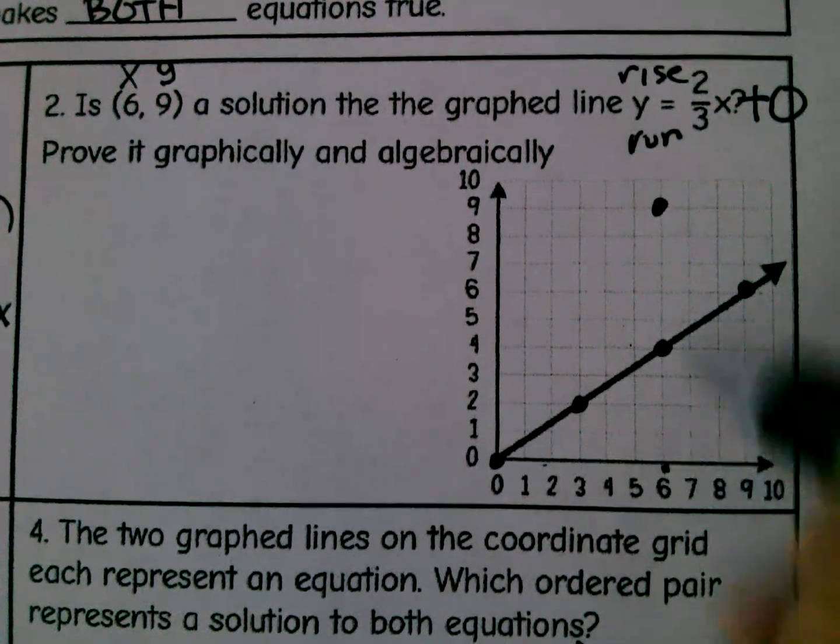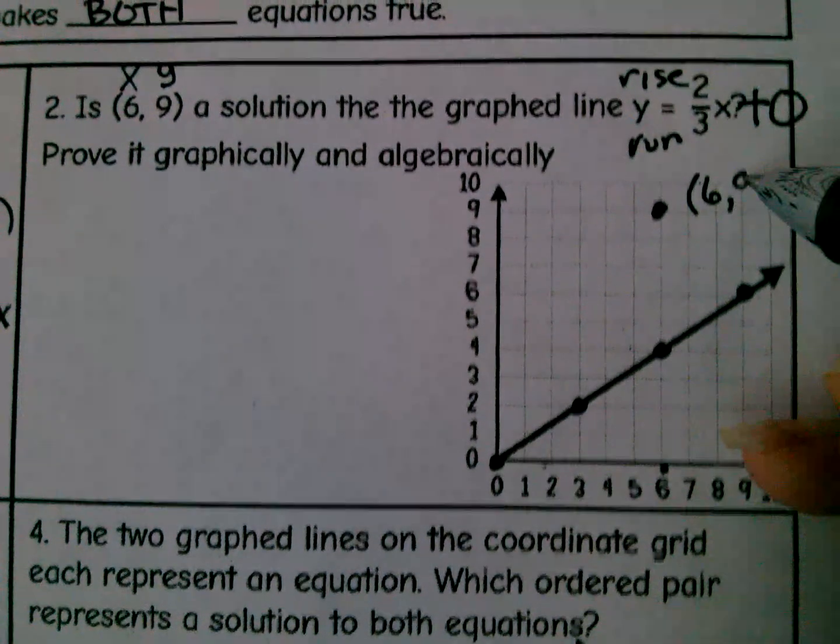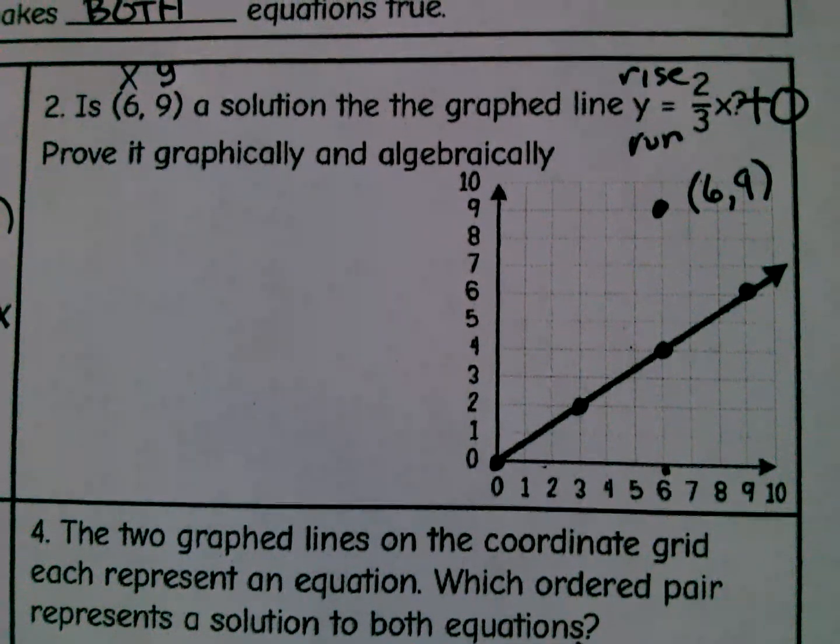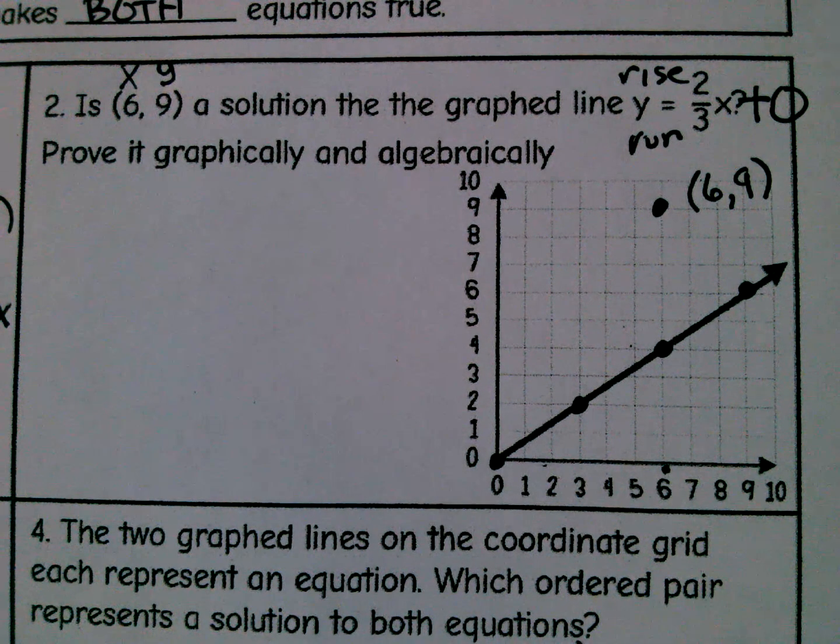So this is 6, 9. Is 6, 9 a solution to that equation? Yes or no? No. Why not? Because it's not part of the line. It didn't land on the line.